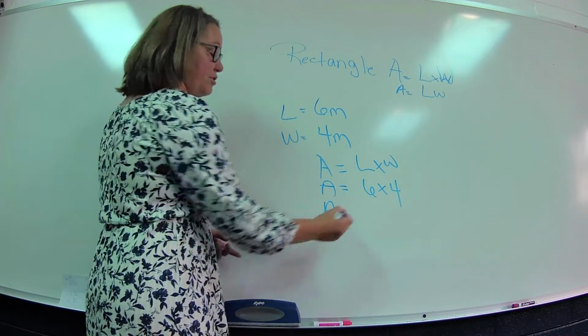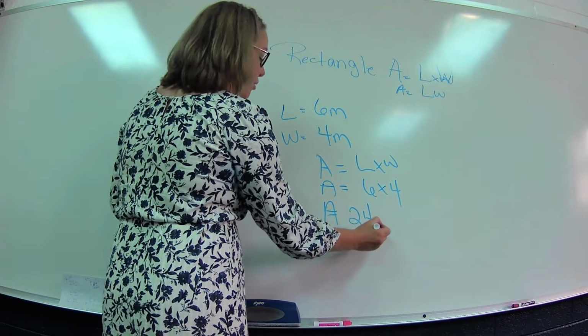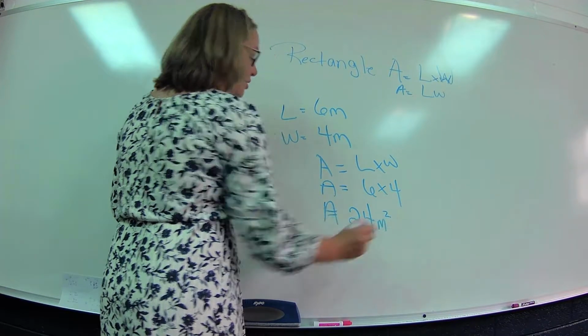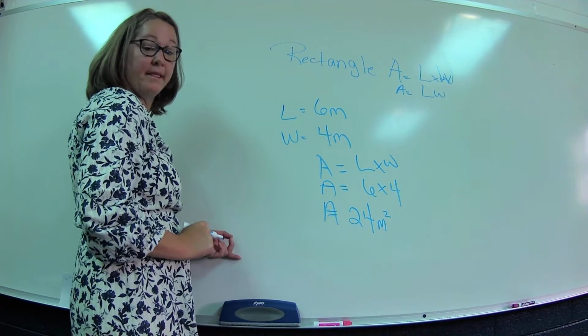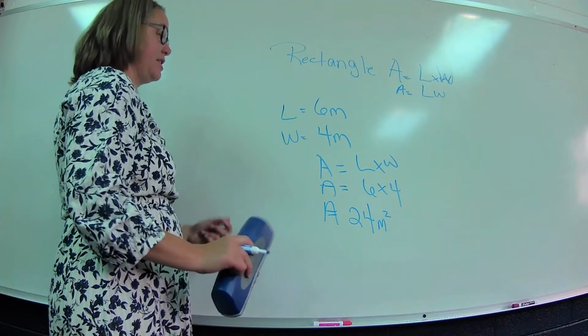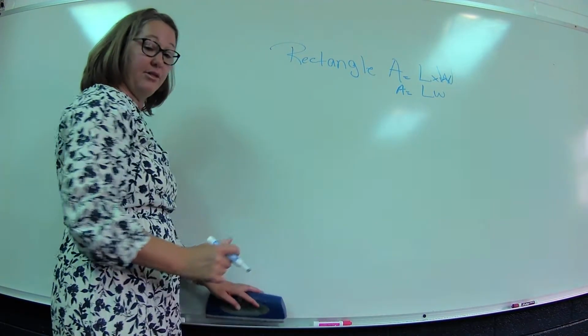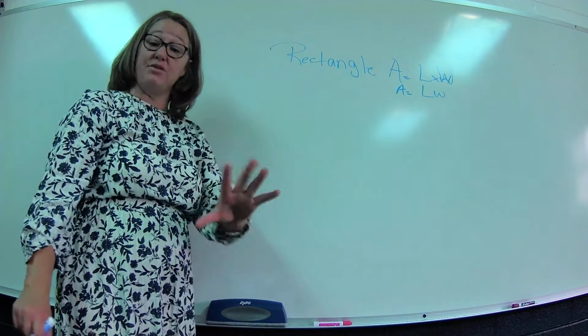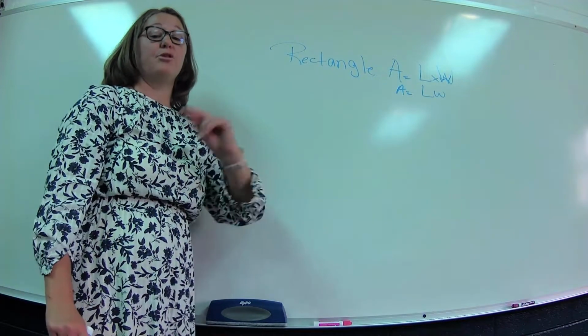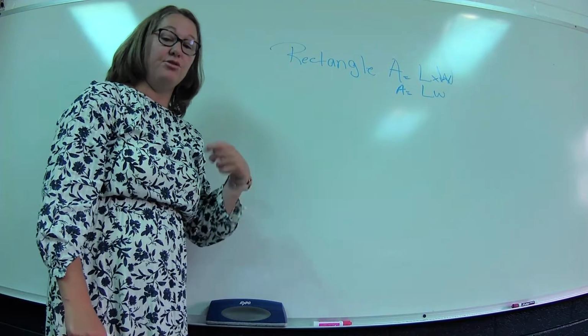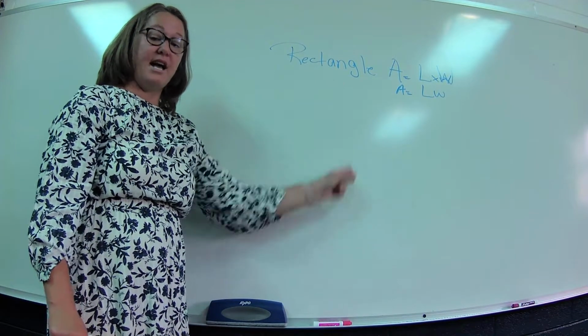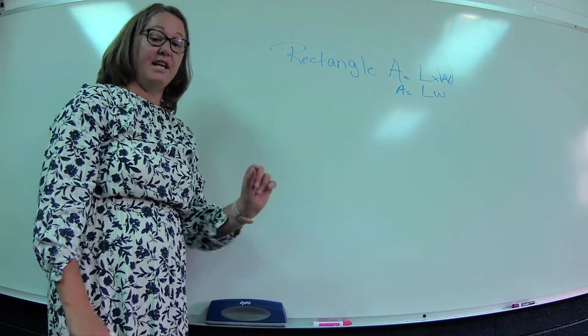Area equals 24 meters squared. Area for a rectangle is just length times width. If you have a length and a width, you're looking for either the perimeter or the area, and the problem will be very specific. It will ask you perimeter or area, so make sure you use the correct formula. Perimeter for the outside, area for the inside.